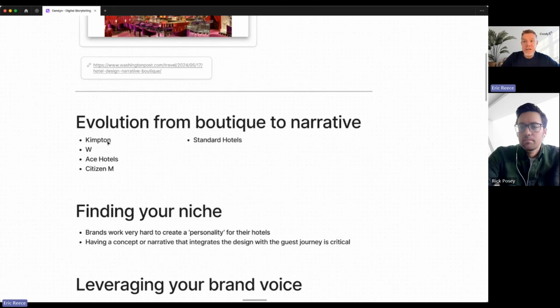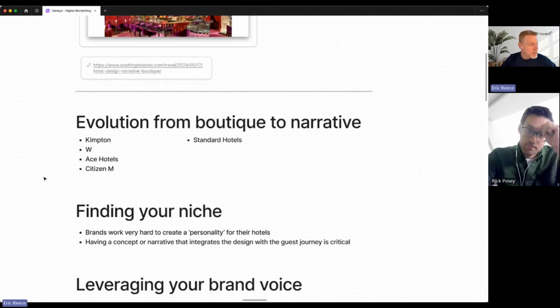Kimpton has been around forever. Since I started in the hospitality space, I've always been an admirer of the way that they represented their brand as these really unique boutique city hotels that make you feel like, I could just go hang out in that hotel for a week, and just live in the space and feel like I've taken on a different identity for a little while.